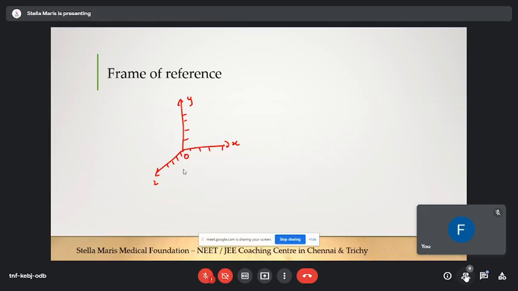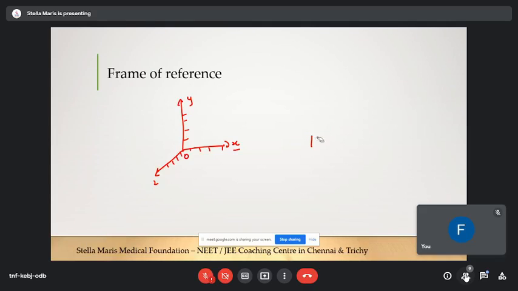This is the origin O. As I said, these are the x coordinates, these are the z coordinates, and these are the y coordinates. In this entire system we are going to place a clock to measure the time. So this whole system, that is the set of coordinates, the set of axes, the reference point, and the clock, constitutes a frame of reference.